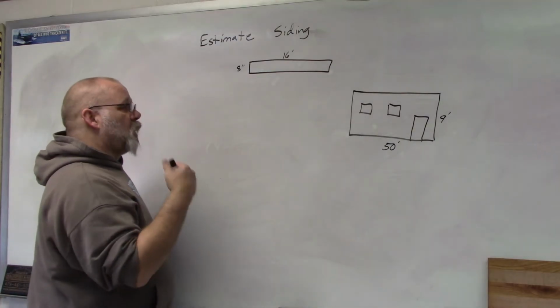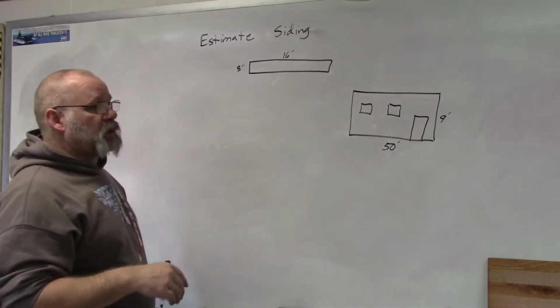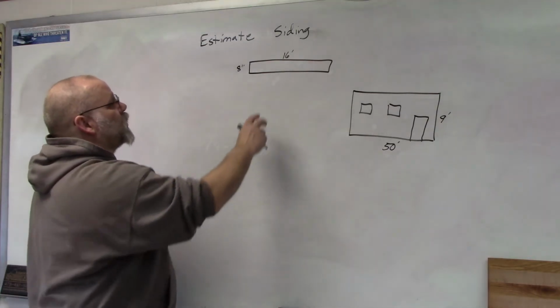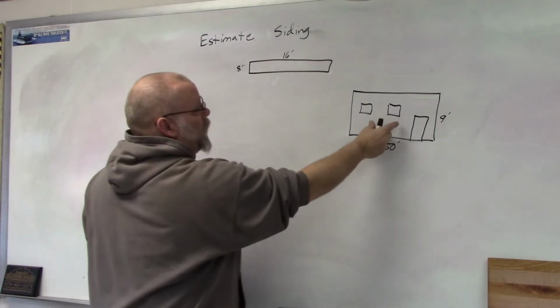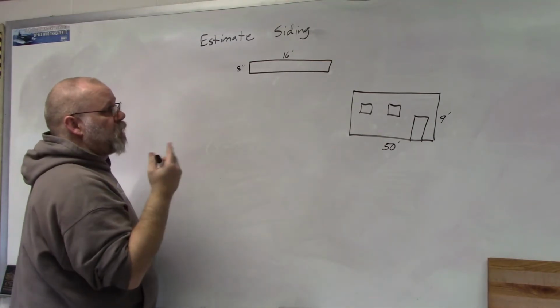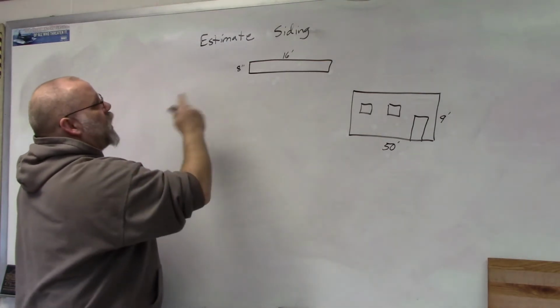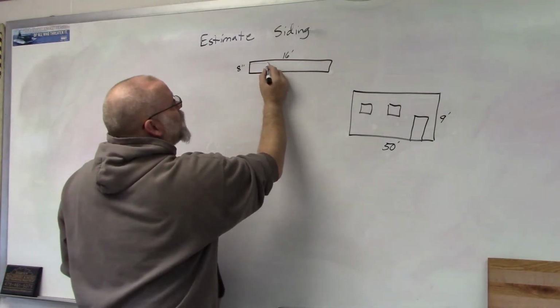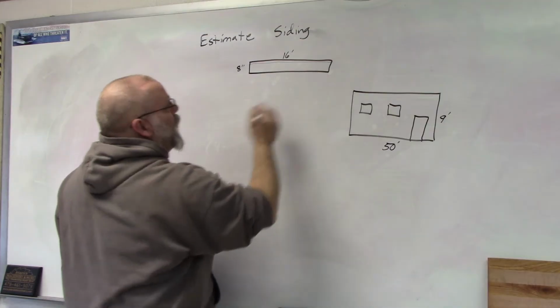So if you watched my previous video about bricks, block, and pavers, you're going to know that we're going to find the area of this and the area of this to figure out how many sheets we need. Okay, so we have an 8-inch piece of siding, but we're going to have an overlap for the lap.